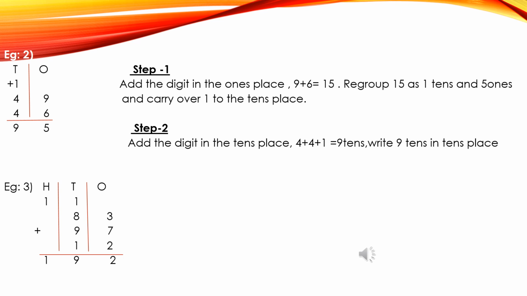Add the digits, first from the ones place. That is 9 plus 6 equal to 15 ones. You can't write 15 like that. You have to regroup. How to regroup? 15 ones is 1 ten and 5 ones. Write 5 in the ones place and carry over 1 to the tens place.